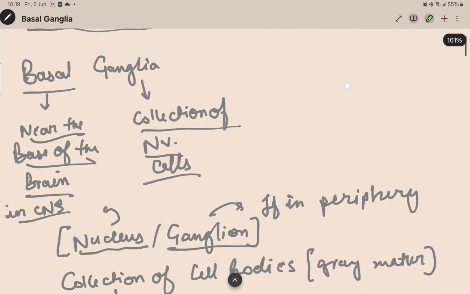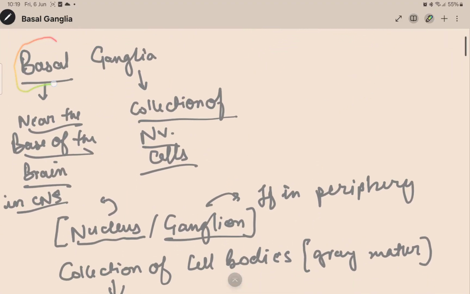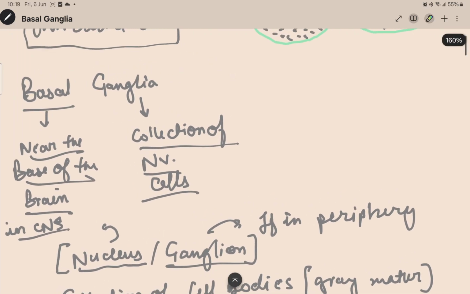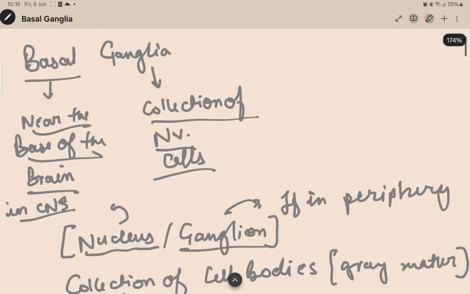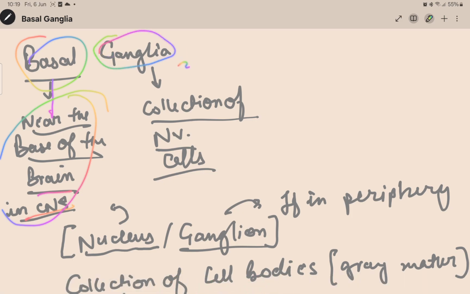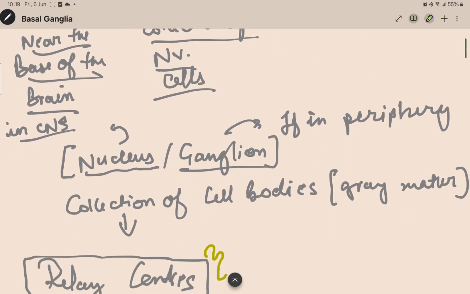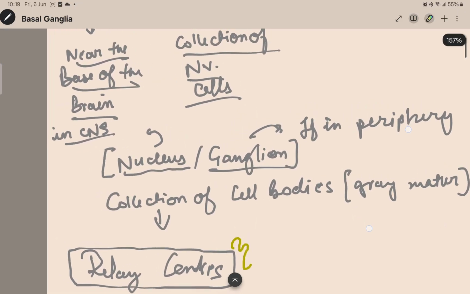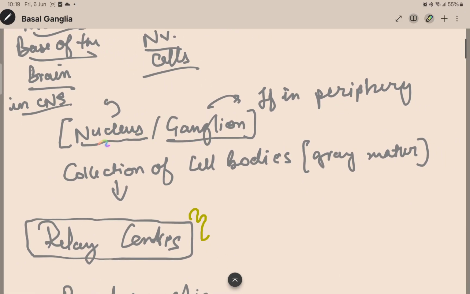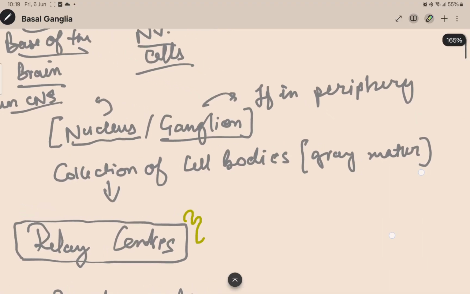If we need to understand anything, we must break it down and understand. So basal ganglia has two words, basal and ganglia. Basal means near the base of the brain in CNS. And ganglia is the collection of nerve cells. Here it's a type of misnomer, as nucleus and ganglion are used interchangeably somewhere.